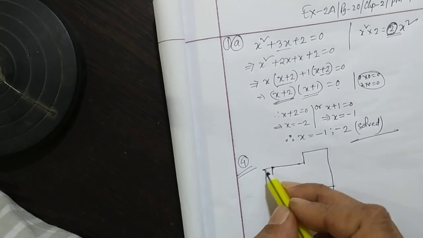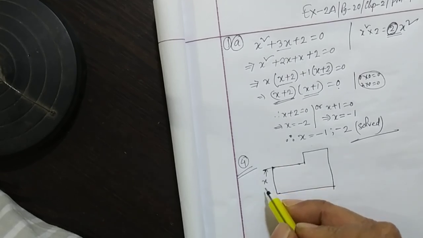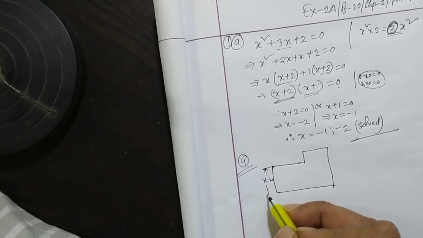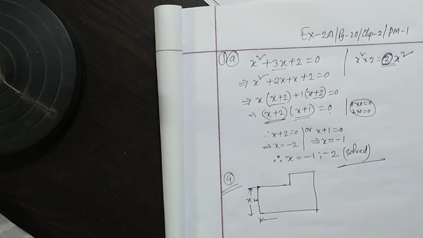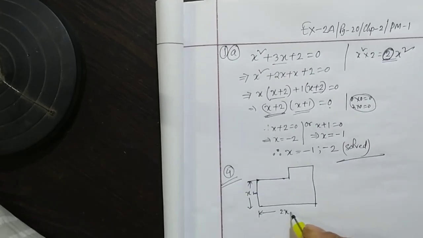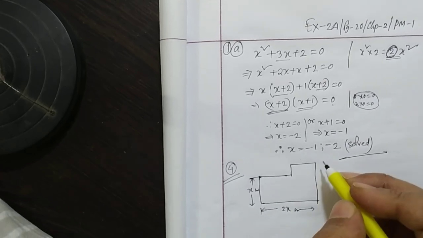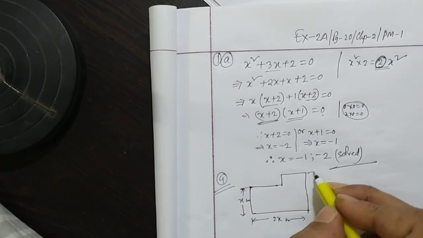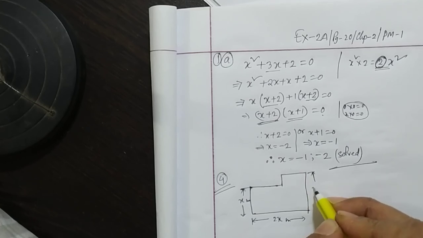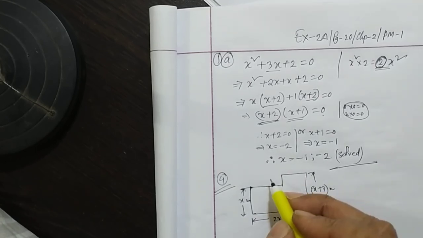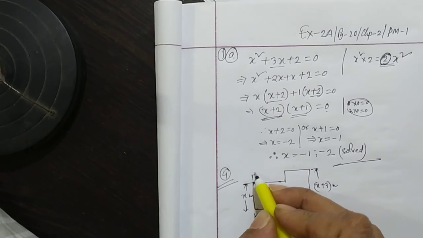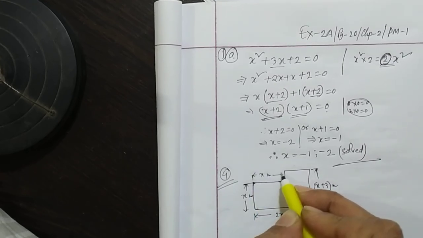One side here is x meter, the bottom base side is twice x meter, and your total height here is x plus 3 meter, and this term is x meter.